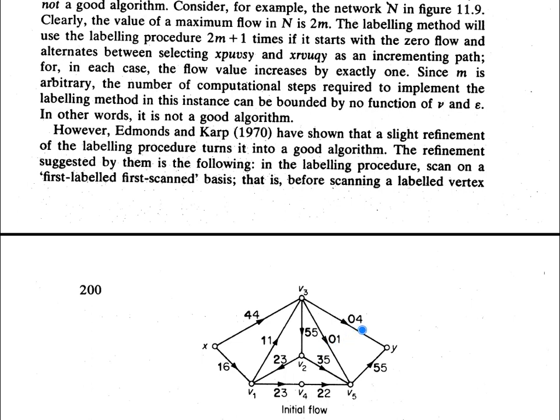And so now what do we do? We start from X, and we see that this arc from X to V1 is an F unsaturated path. Why? Because this is a forward arc, and you have a gap between the flow and the capacity.